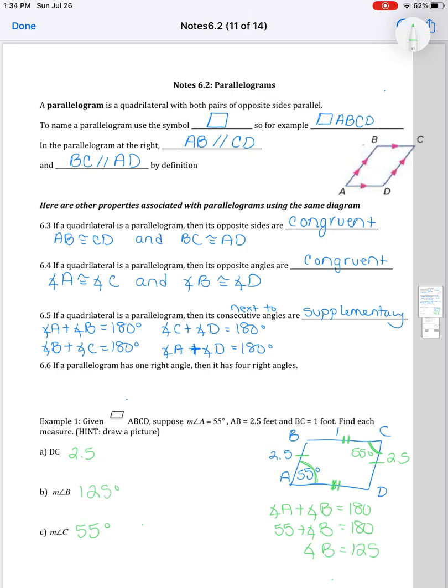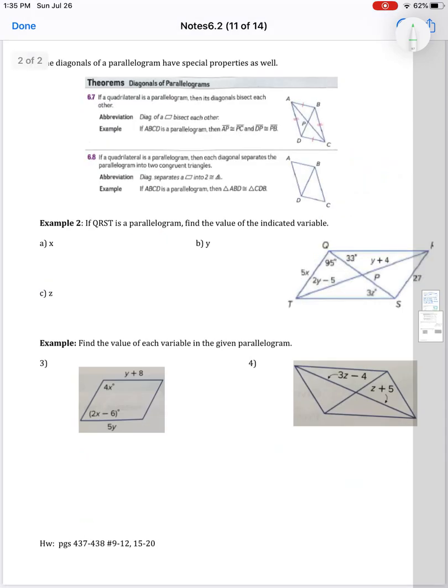All right, well, what do I know about angles? Well, I know that opposite angles are congruent, which means if A is 55, then C is 55. And I know that consecutive angles are supplementary to each other. So angle A plus angle B is equal to 180 degrees. A is 55, B I don't know, and I can set it equal to 180, which means that angle B is going to come out to 125.